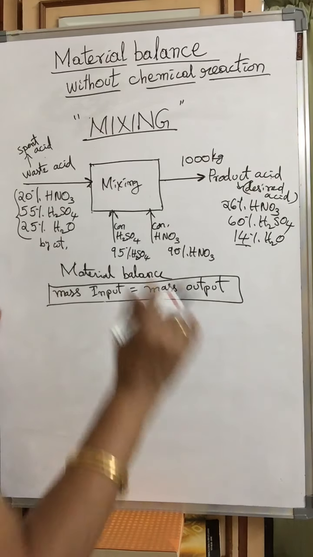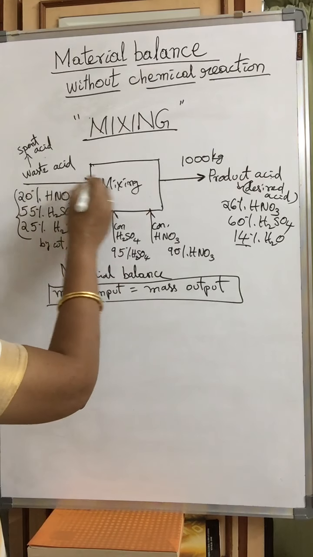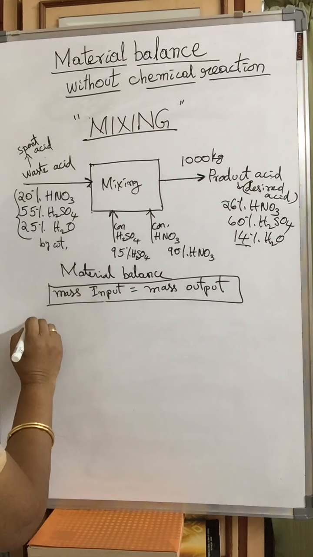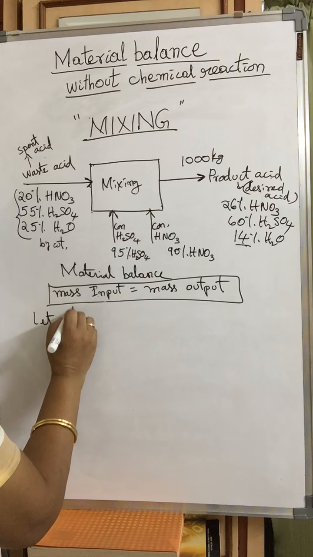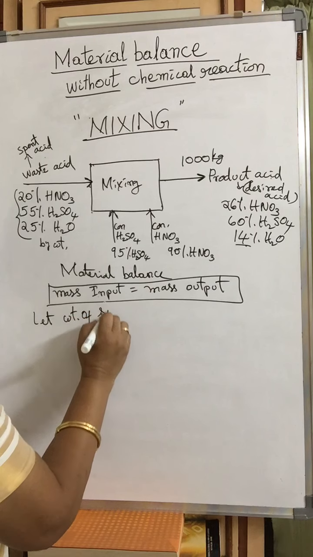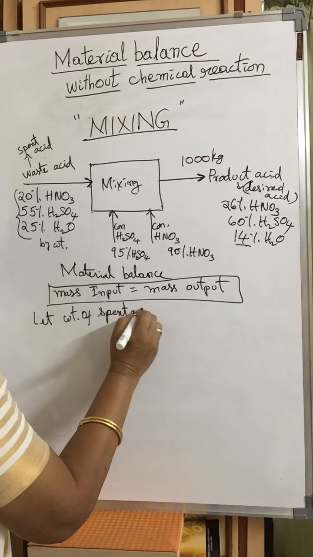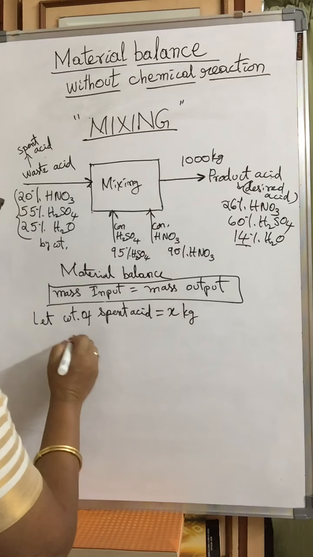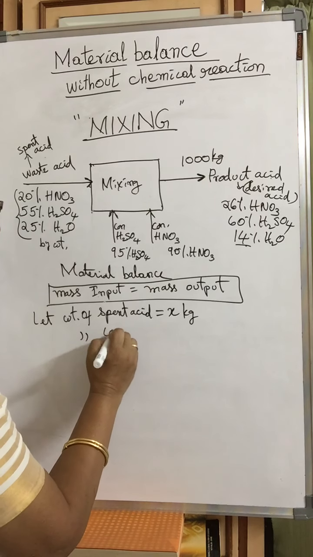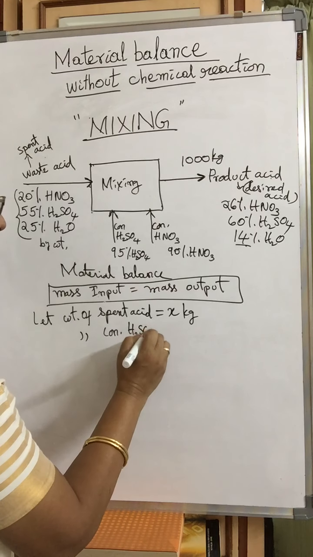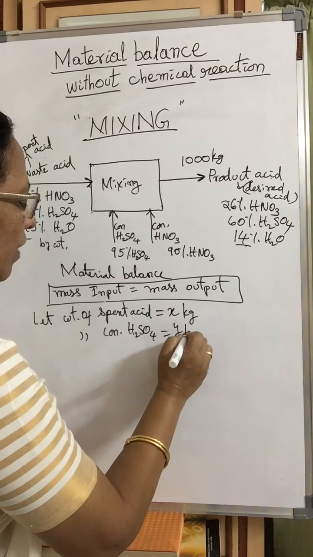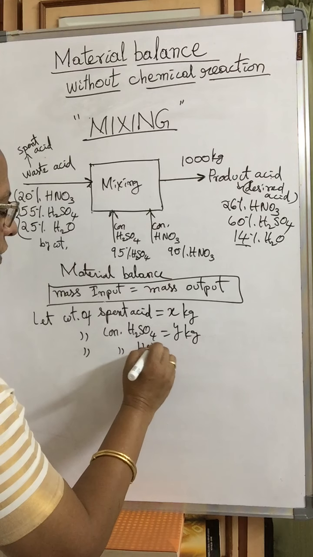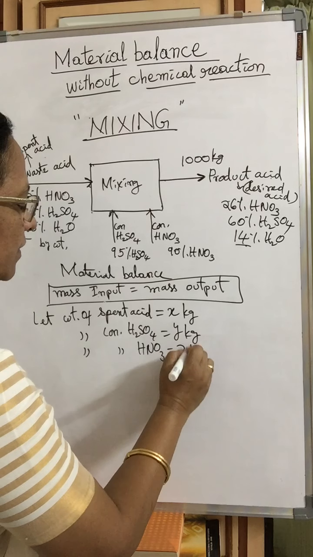So now we will assume what weight of each stream is entering. Let the weight of spent acid that we have mixed be x kg, the weight of concentrated H2SO4 be y kg, and the weight of concentrated HNO3 be z kg.